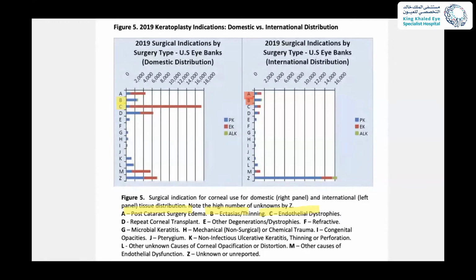You can see also on the right-hand figure that PK was done more frequently for patients with keratoconus worldwide. It is believed that the technical difficulty of lamellar keratoplasty continues to hold this procedure from trending worldwide for treatment of keratectasia.